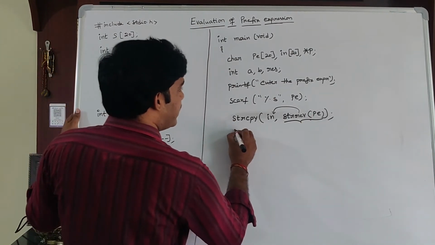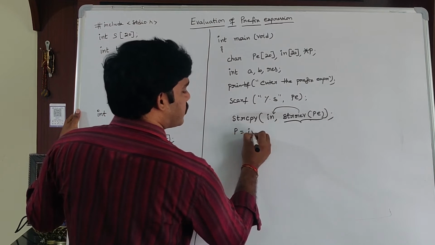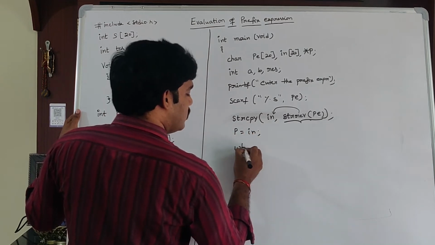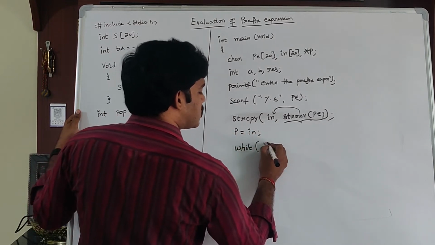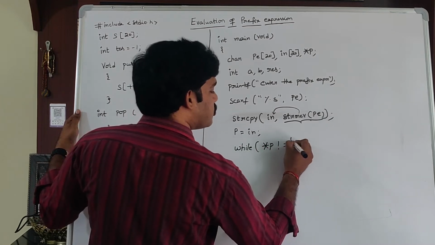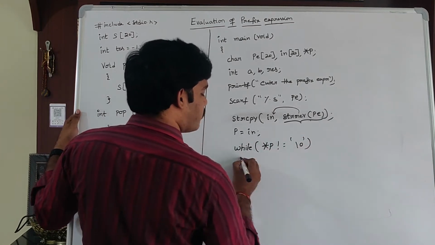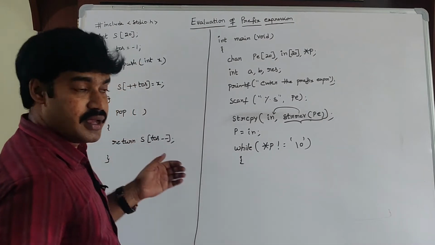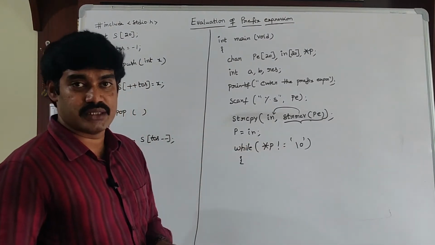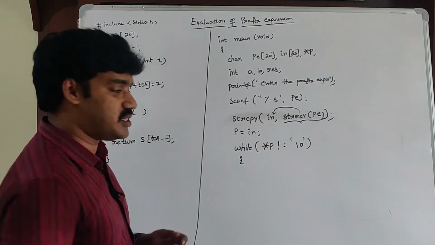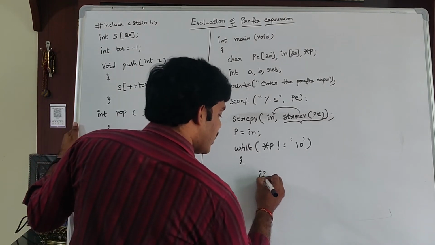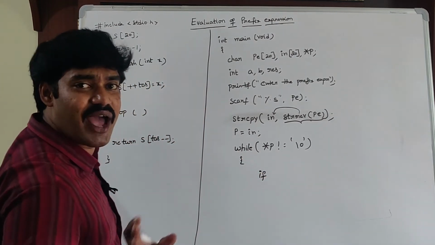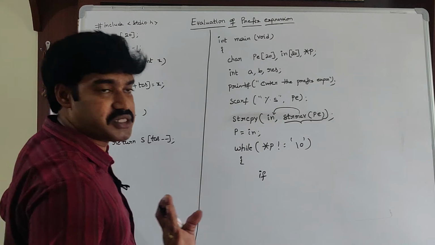Next, p is equal to in to go through the string, while star p is not equals to \0, up to the end of the string. Scan the expression from left to right. If it is an operand, then push into the stack. This logic is same as evaluation of postfix expression.